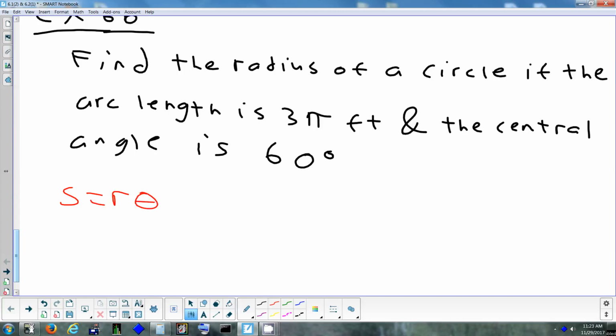It's the same formula we just used. Can I just plug all the numbers right into the formula? No, one of them I need to fix. What number do we have to fix? 60. What do we have to do with it? Change it to radians.